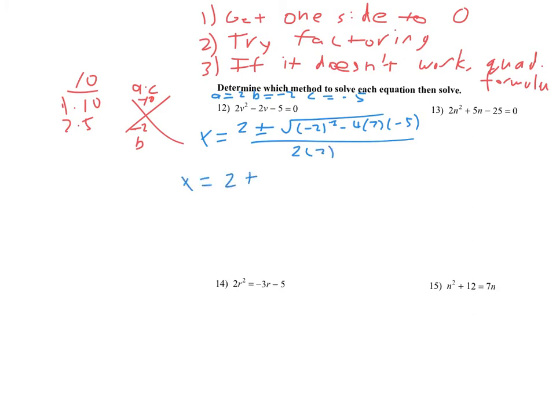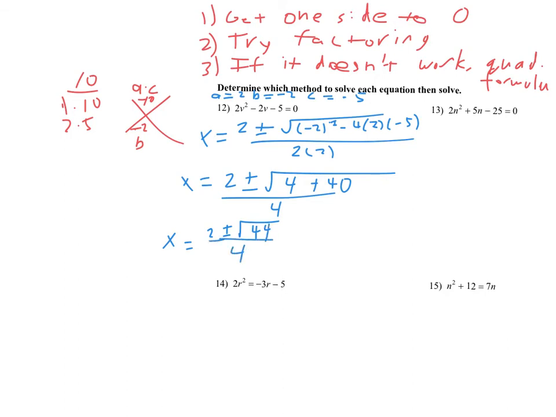And so I get x equals 2 plus or minus the square root of 4, and then we have, let's see, negative 4 times 2 is negative 8. Negative 8 times negative 5 is positive 40, all over 4. We have 2 plus or minus the square root of 44 over 4.